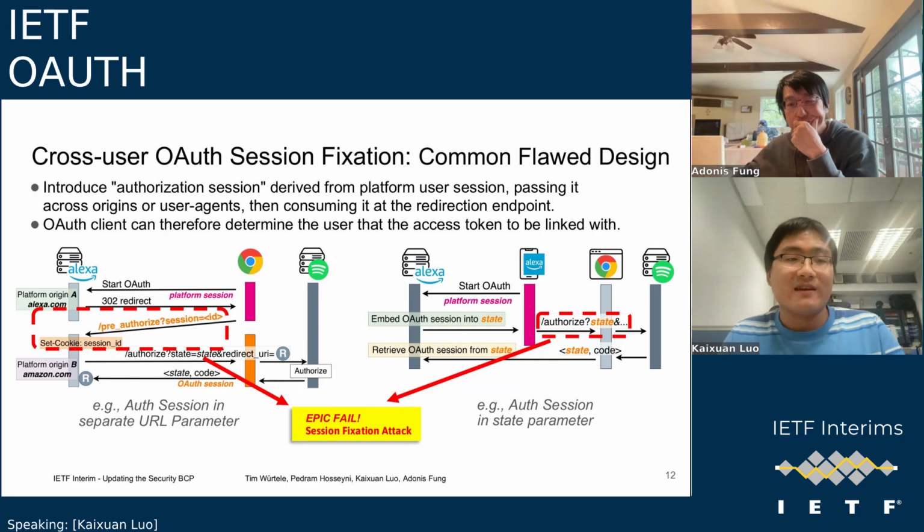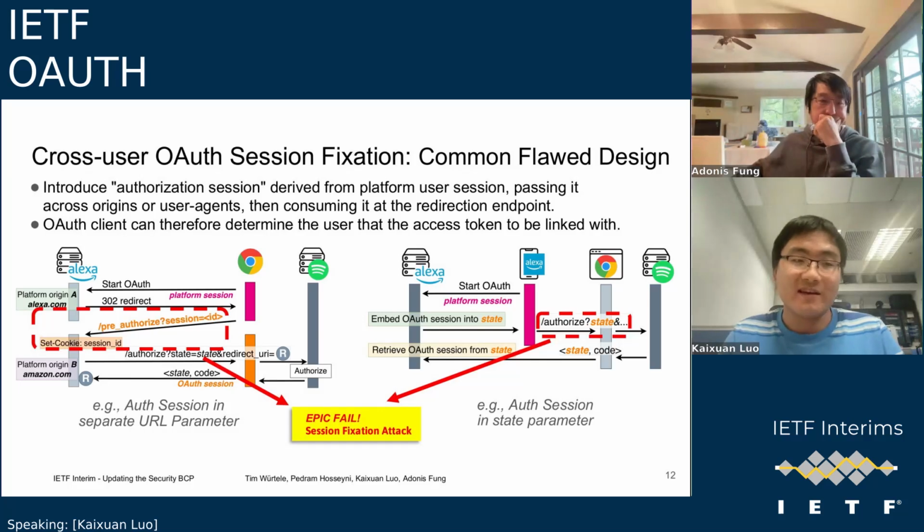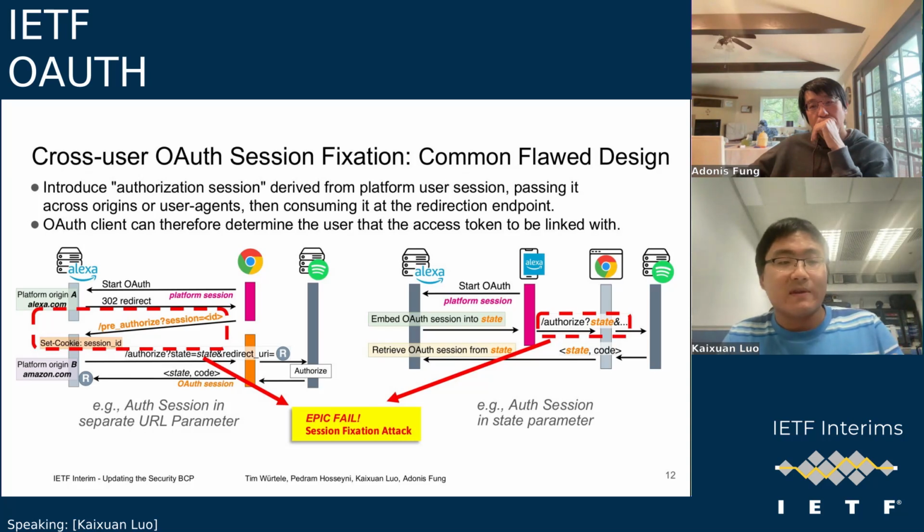And then this authorization session would be set in the browser in origin B, which is the origin where the redirection endpoint is deployed. In this way, the authorization session could be tracked, and at the redirection endpoint, it knows which platform user actually started OAuth.